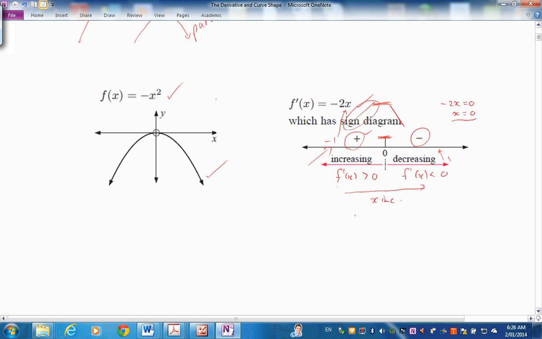And you might like to think of this also, not just in terms of tangents, but the derivative is the rate of change of the function, rate of change of f of x. If it's positive, it's got a positive rate of change, it means as x increases, the function increases. So that's another way of thinking about this increasing and decreasing.